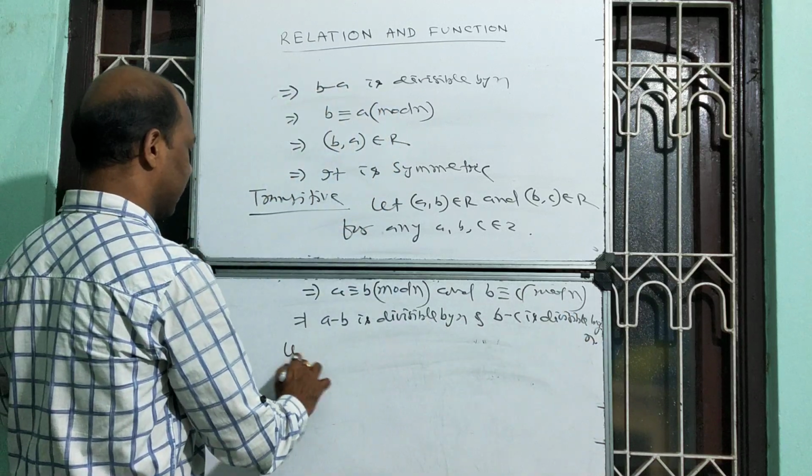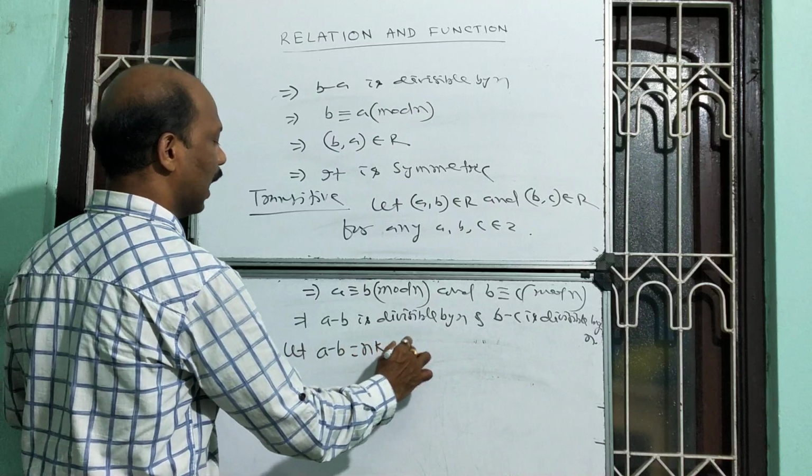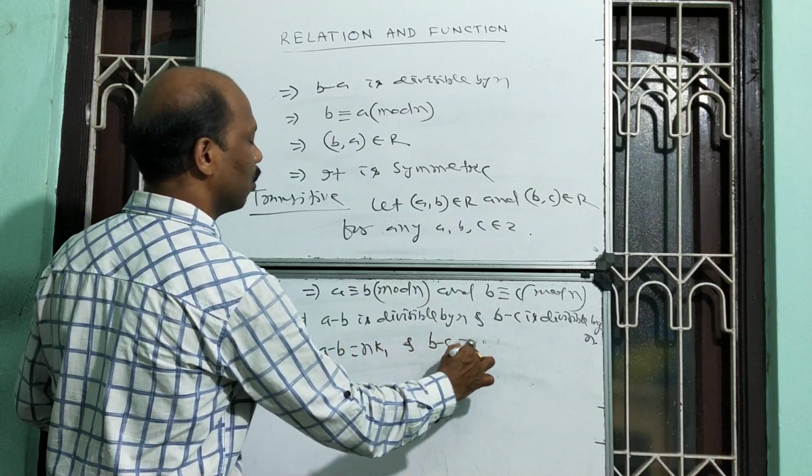That implies let a minus b be equal to n k1 and b minus c be equal to n k2.